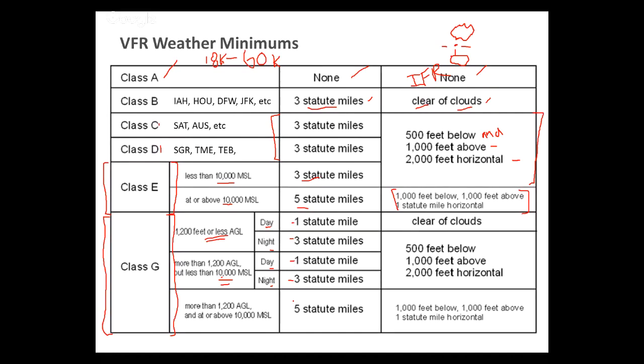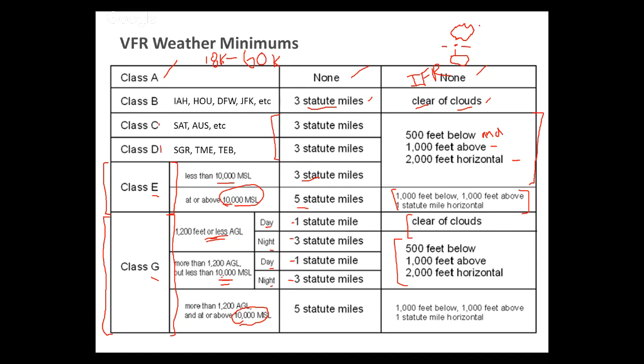And then the altitude requirement difference, the 1,200 feet AGL, below versus above, always gives you the cloud clearance difference here. And what I always try to remember is Class Golf and Class Echo above 10,000 feet MSL have the same cloud clearance requirements. So try to remember that as a memory item.